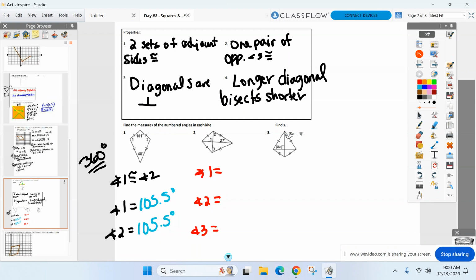That's the angle of the side. But isn't it not the bigger diagonal, that's just the small one. Oh, it's minus 1. Did you get 12x equals 91?